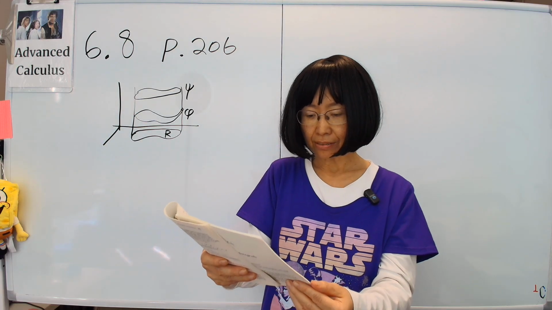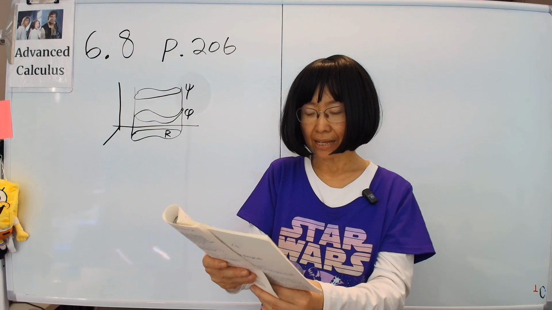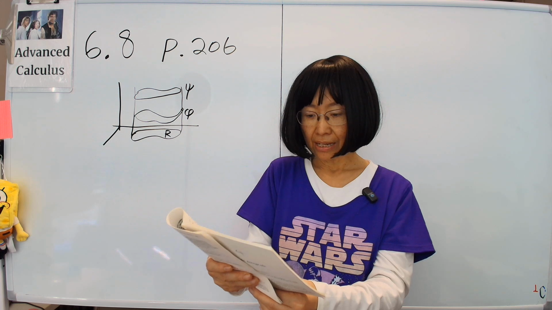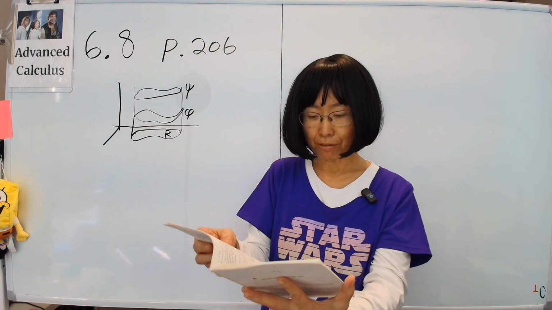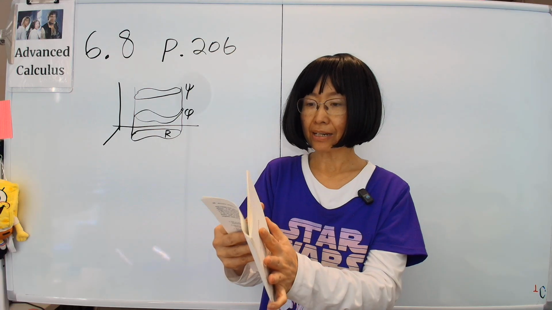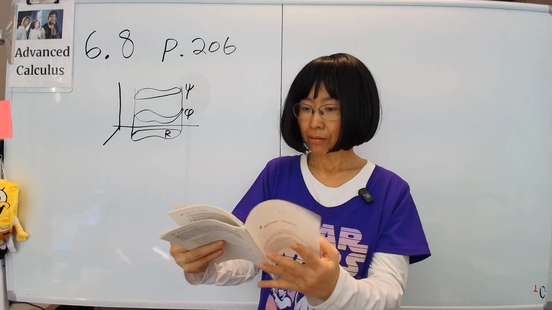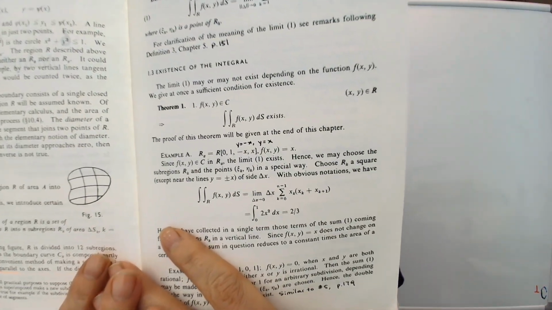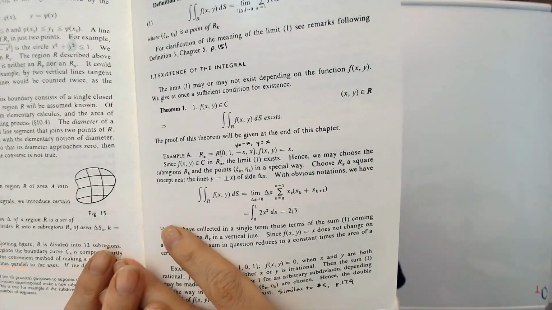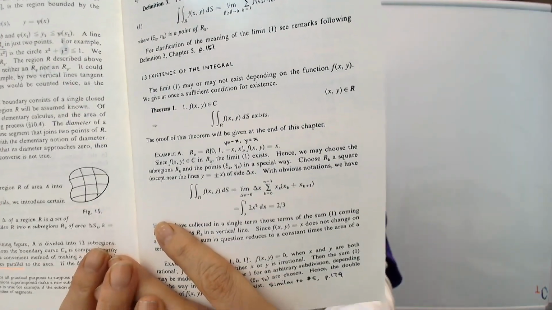Now, the one situation we should notice is that the integral 1 does exist if f is continuous in V. Okay, and that is what was theorem 1 again? Let's go back and look at it on page 183, just to refresh the memory. Theorem 1, all right, which states that if the function f(x,y) is continuous in some closed region, then the integral of f does exist.